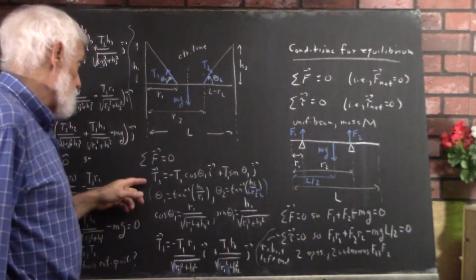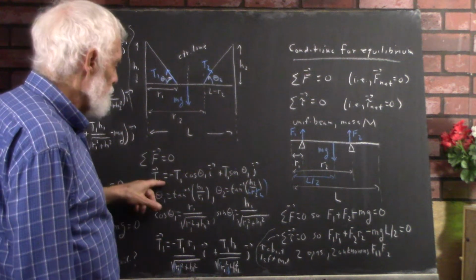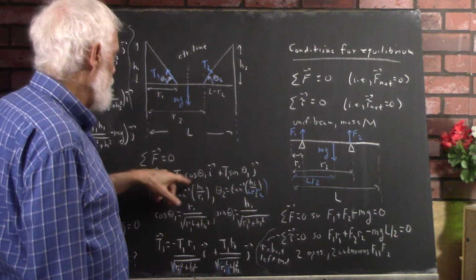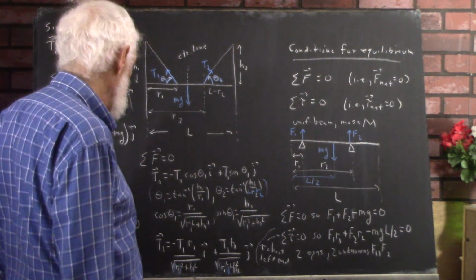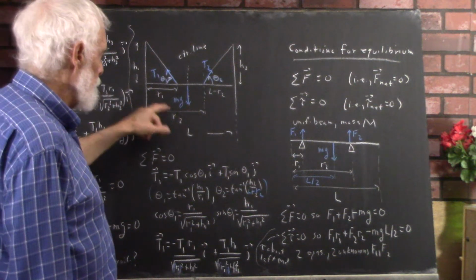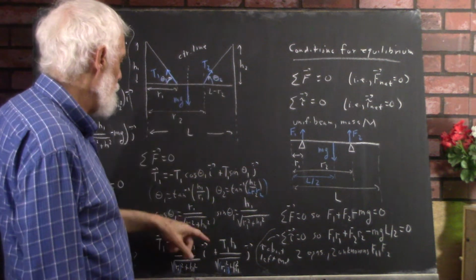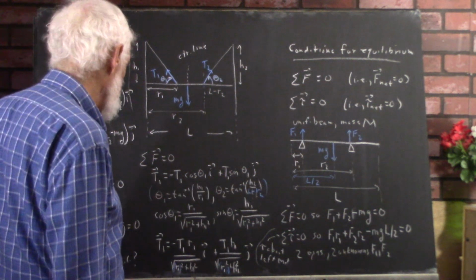Okay, so T1 now, as we said, is going to be negative T1 times the cosine of theta 1 and T1 times the sine of theta 1. Theta 1 is the arctangent of H1 over R1. Theta 2 is the arctangent of H2 over L minus R2. That's L minus R2 in the denominator.